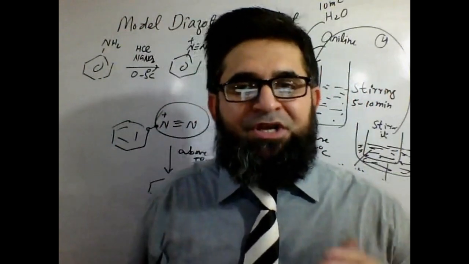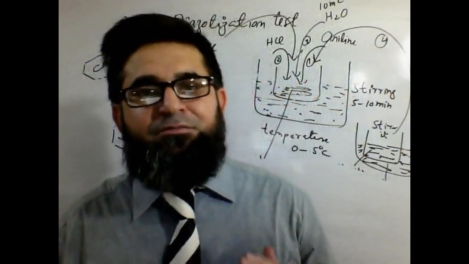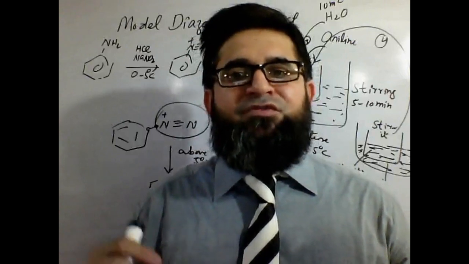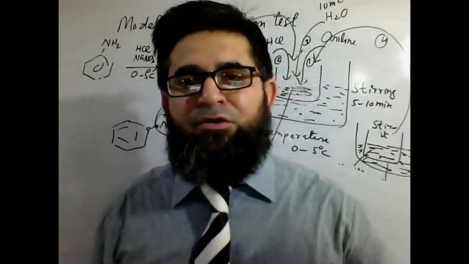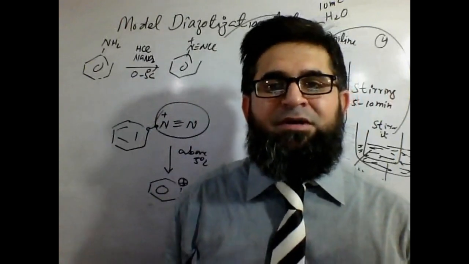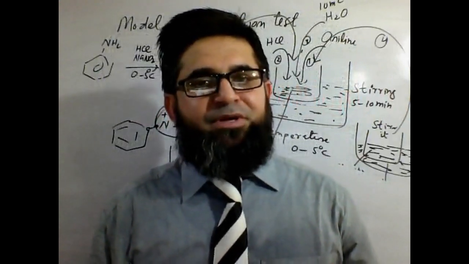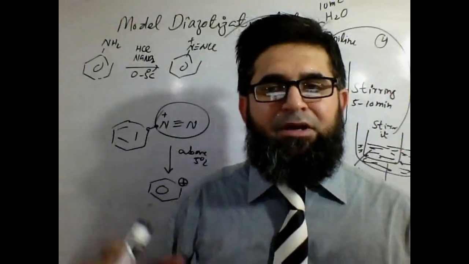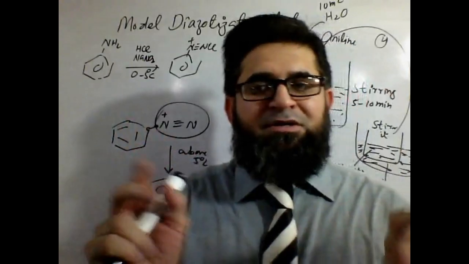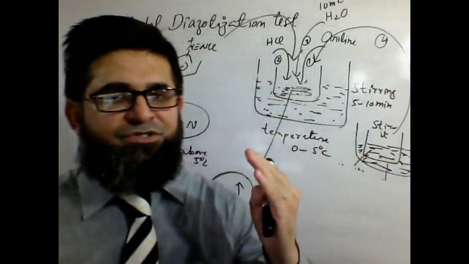As you change the coupler, you will receive a different color in the beaker, because aromatic rings having withdrawing groups or donating groups, single ring, double ring, all influence the generation of colors. The presence of an azo group in conjugation with aromatic pi electrons generates colors.